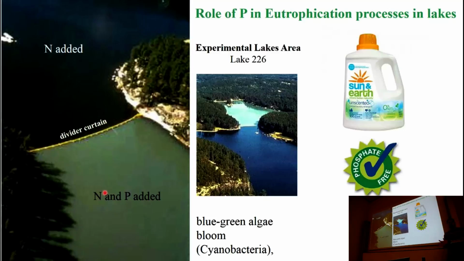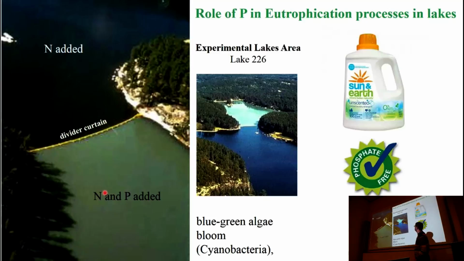It's really good for softening water and for cleaning. But a whole bunch of lakes and rivers over North America were starting to look like this, with lots of algal growth that removed the oxygen from the water when it decayed.